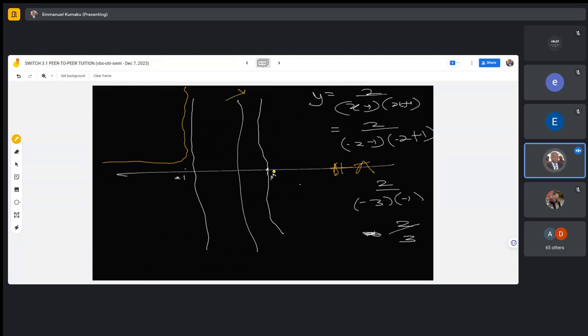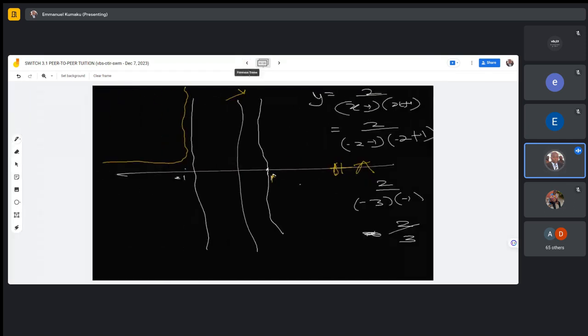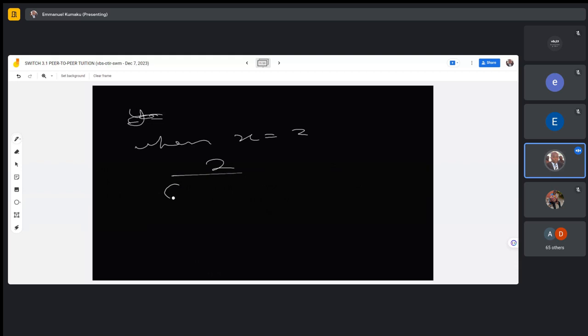This is our y-axis. Then you come and test here. s is equal to 1, so we can pick something like 2. When s is equal to 2, we can have 2 over 2 plus 1 and then 2 minus 1, which is 1. Okay, 2 is correct. It's within the range.